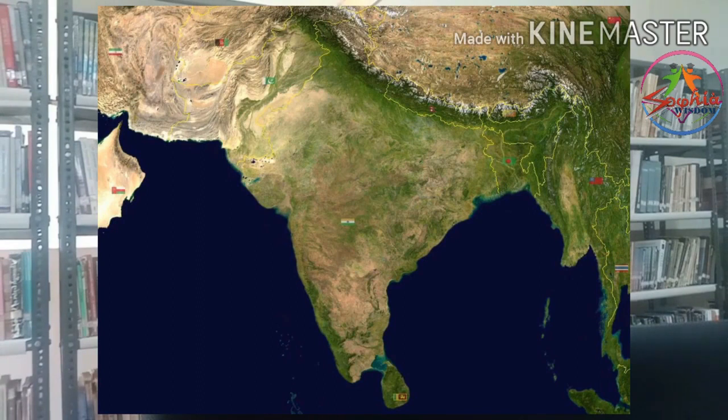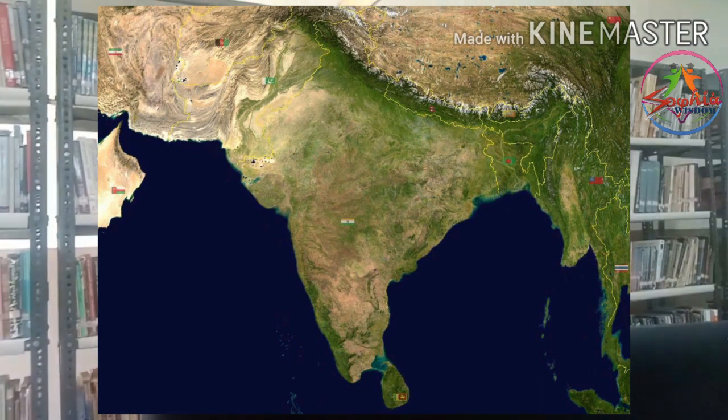Can you recollect? Peninsula means a landmass which is surrounded by water or sea on three sides, and one side is connected to the land. That is known as the peninsula.